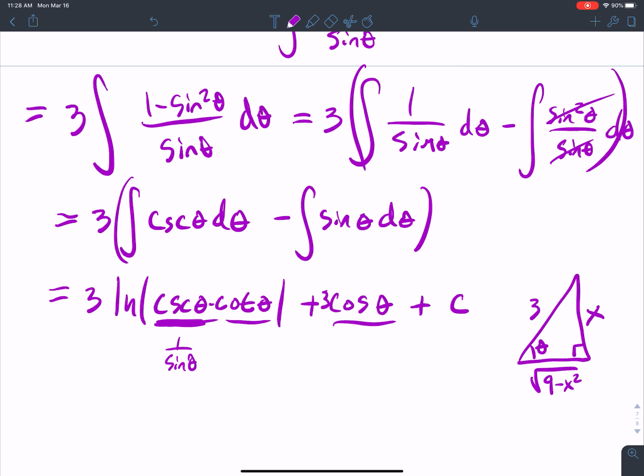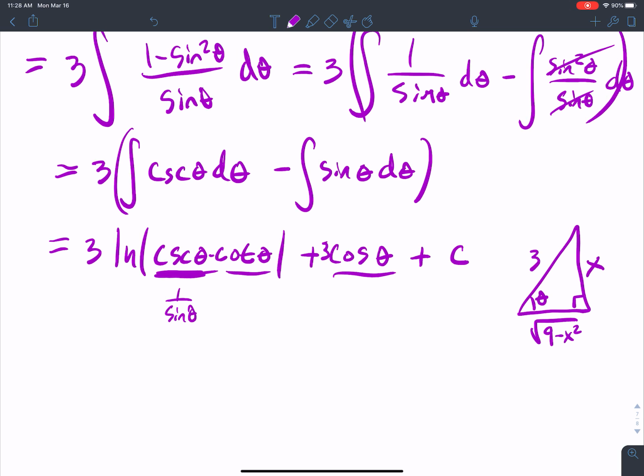Sine is x over 3, so cosecant is 3 over x. So this is 3 ln absolute value, 3 over x, and then minus what? Cotangent, which is square root 9 minus x squared over x.